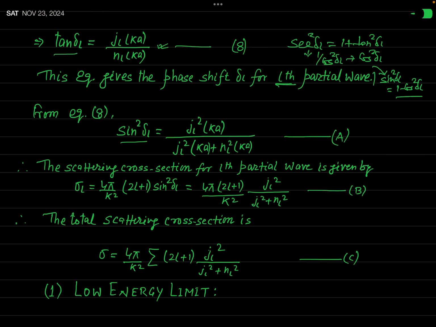When you try, you will see that sine square delta L is equal to JL square over JL square plus NL square.